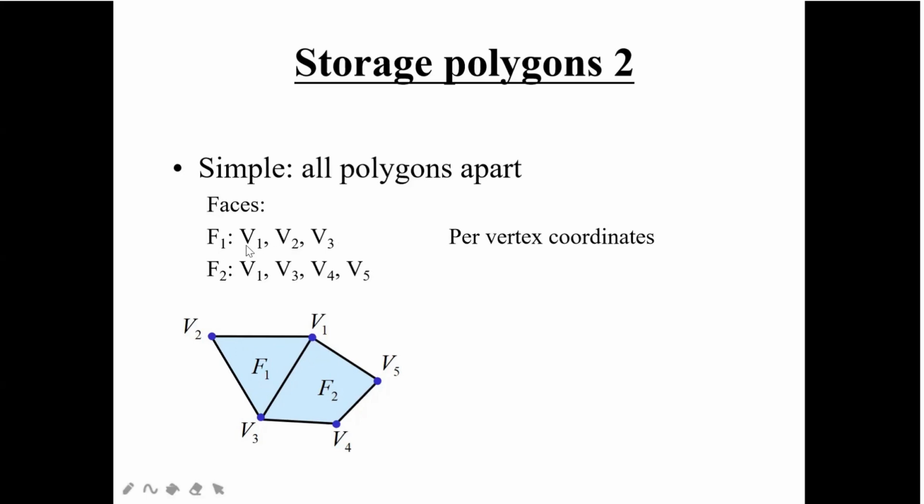F1 colon, then V1, V2, V3. Okay. For your second part or second phase, F2, you have to write F2 colon. How many vertex point you have used? V1, V3, V4, V5, and just separate it by your comma. So that is known as your per vertex coordinates. You are going to notify in this way.